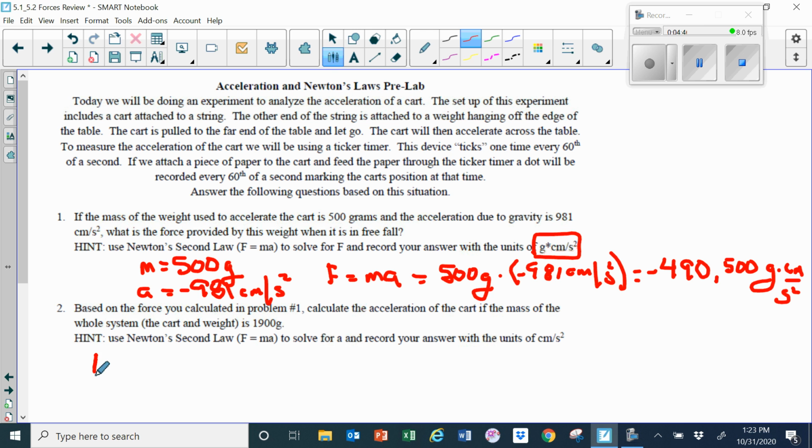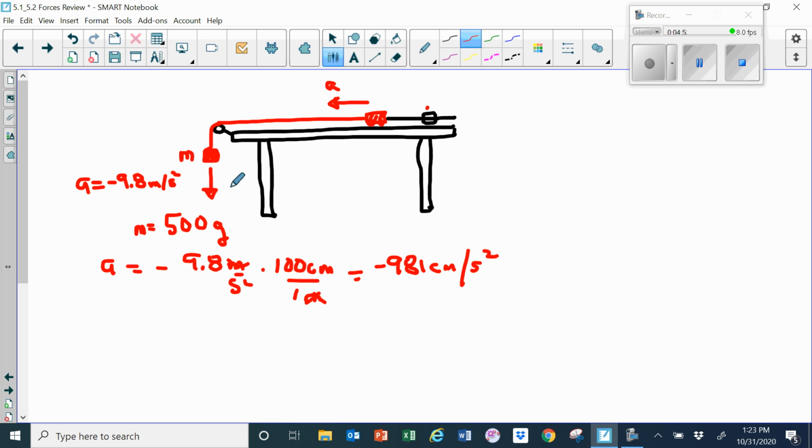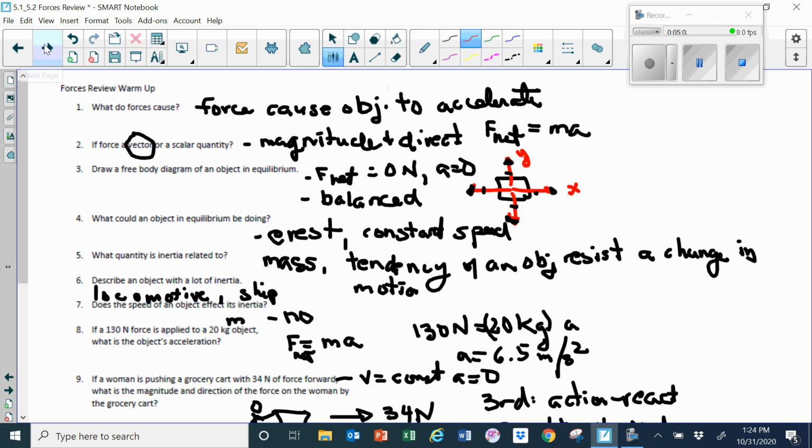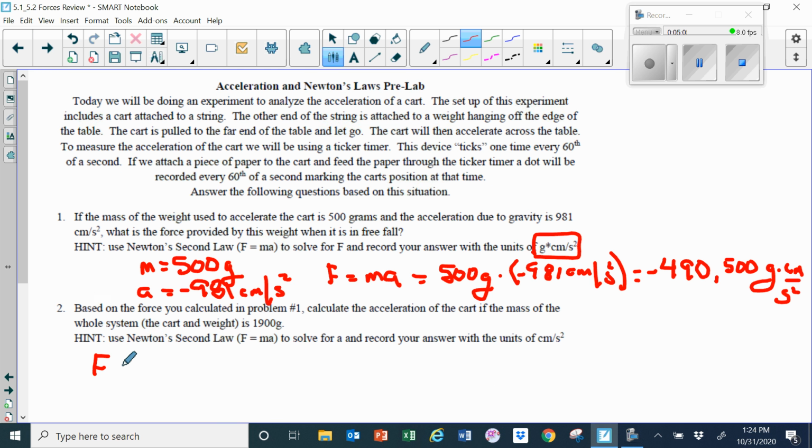Now let's go to the second question. We've now calculated this force. We now know the force applied downward on the cart, and that's minus 490,500 grams centimeters per second squared.